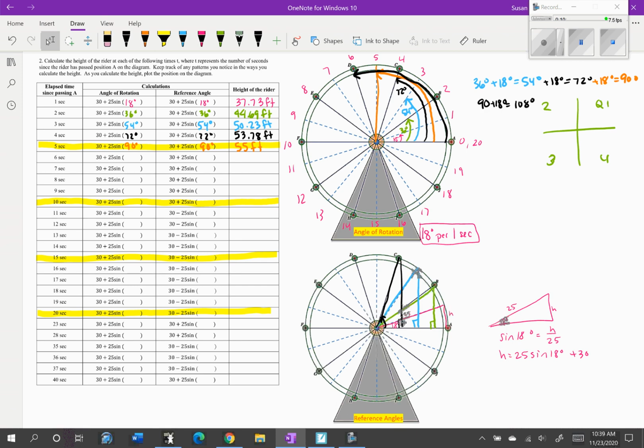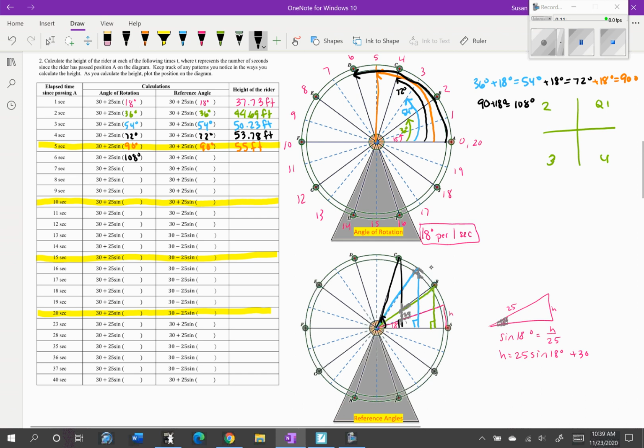So that's the angle of rotation. However, we can't use the angle of rotation when we're talking about reference angles, because remember, reference angles have to be the positive acute angle made with the terminal side and the shortest angular distance to the x-axis.